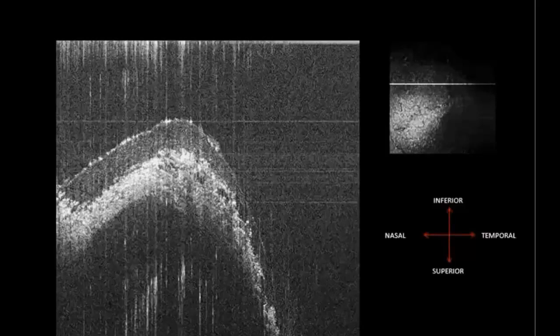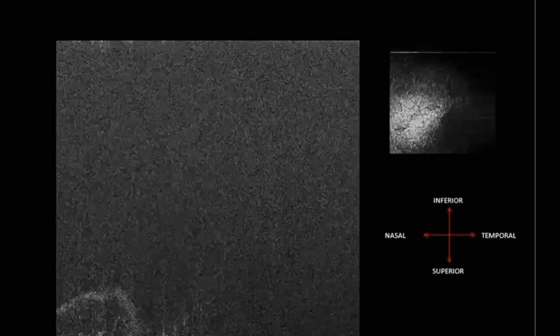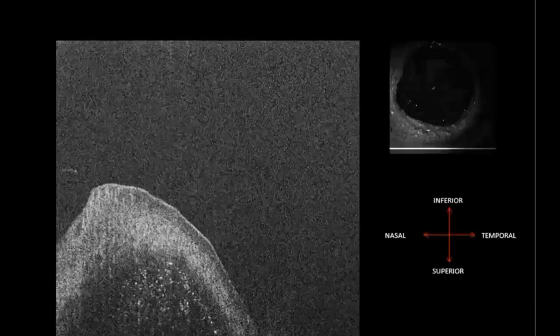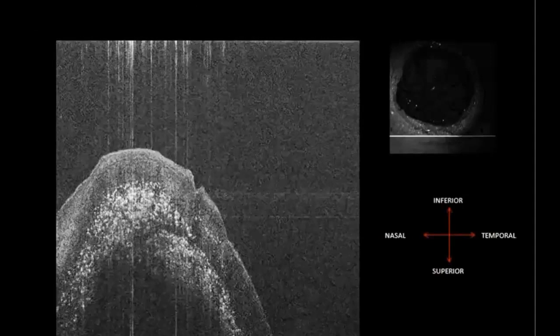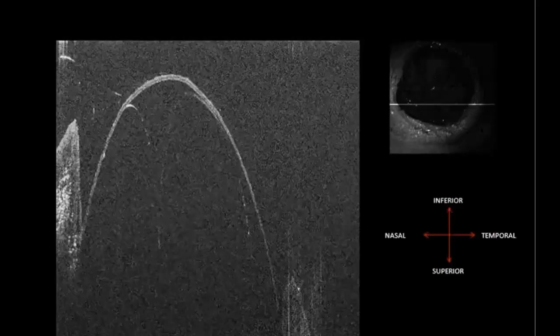Again, here we go with our volumetric scan, and because of the depth of penetration and optimizing our working distance, if we actually scan deeper into the anterior chamber, we'll be able to get a sense of whether our Descemet's is detached or still attached.